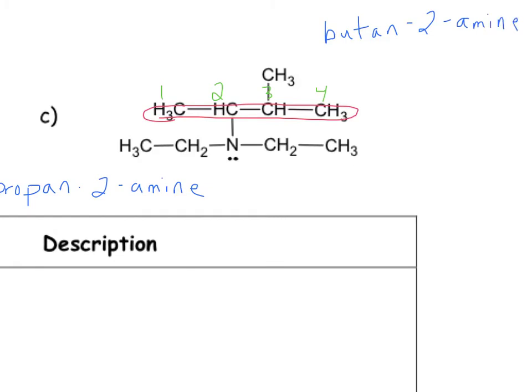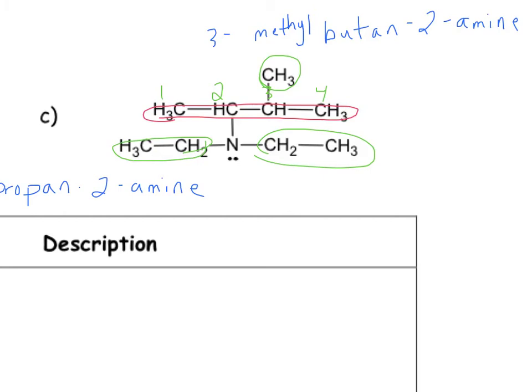I finish off the name for the parent chain by writing the prefix describing the methyl. Now, I would name the 2 carbon chains attached to the nitrogen using N as the position number.